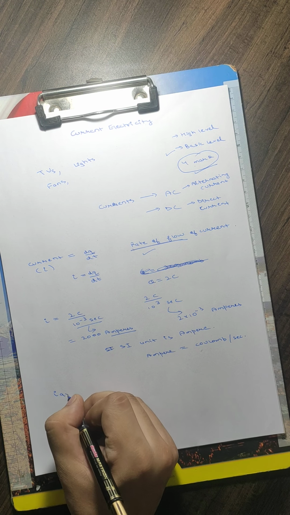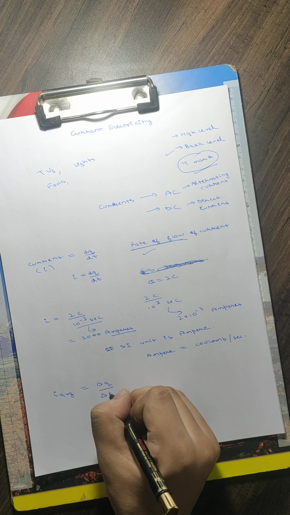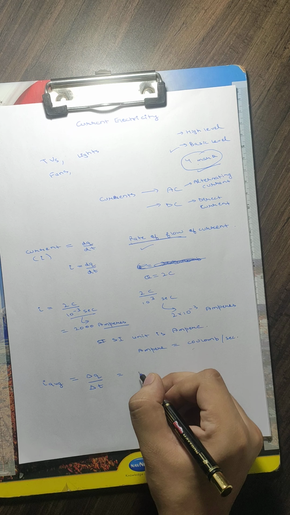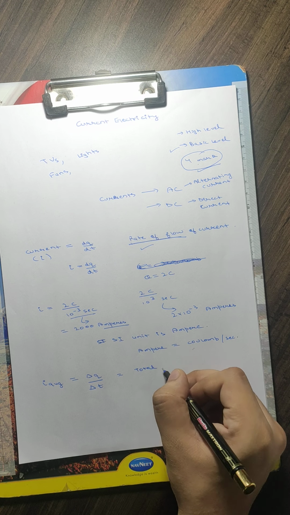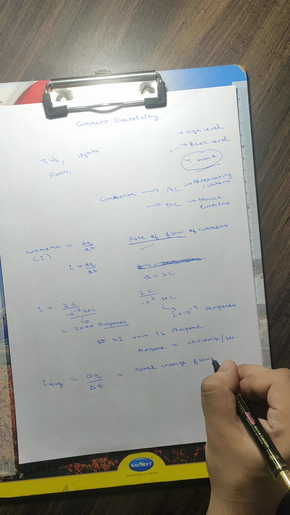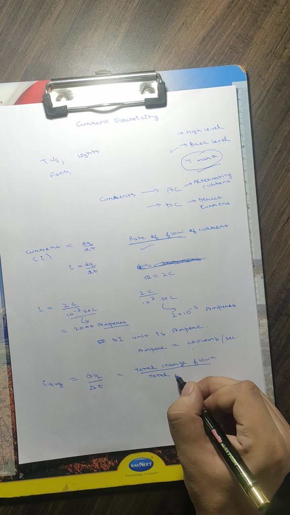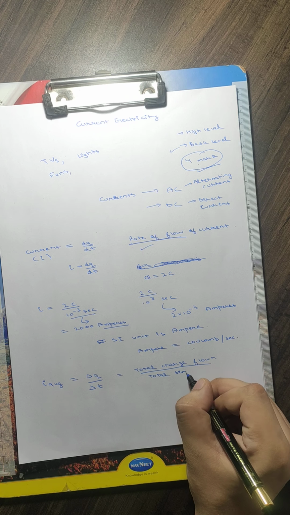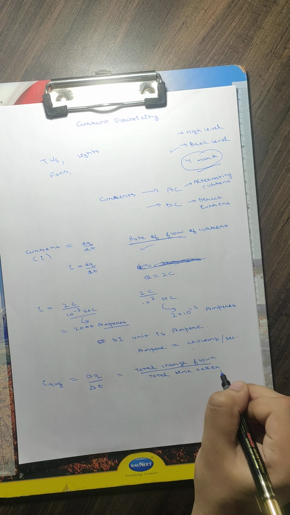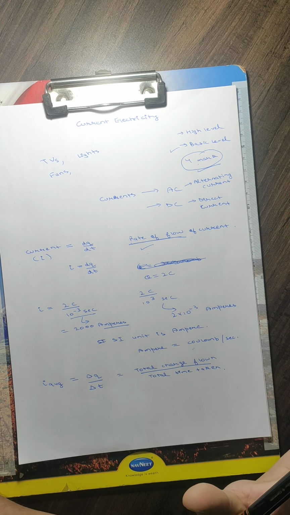If we talk about I average, that is average current, it will be delta Q by delta T. That will mean total charge flown by total time taken. It's just some basic stuff that you need to remember. Okay, so this is the basics of the chapter.